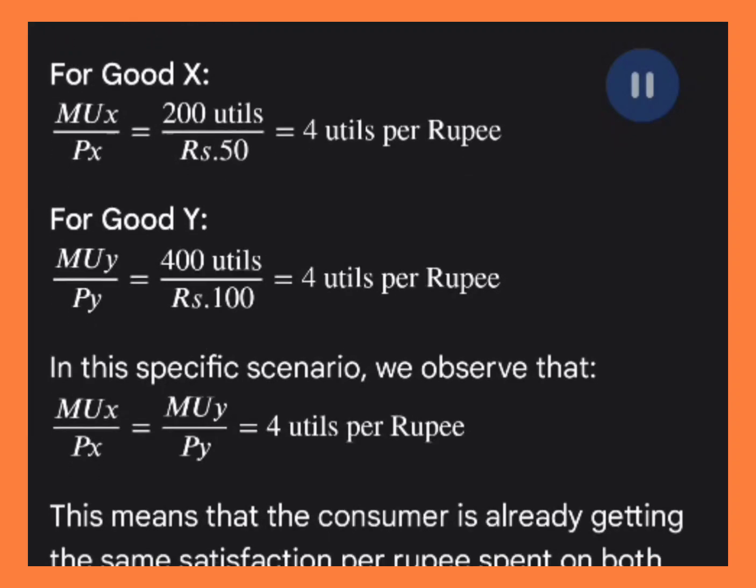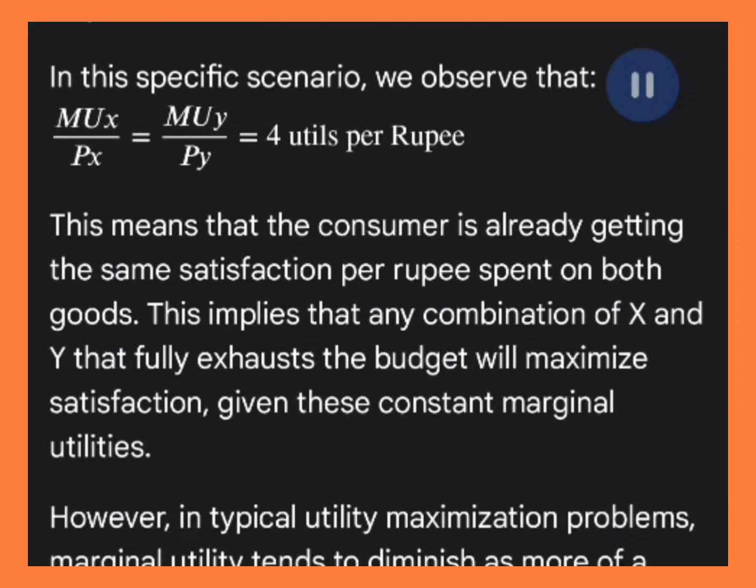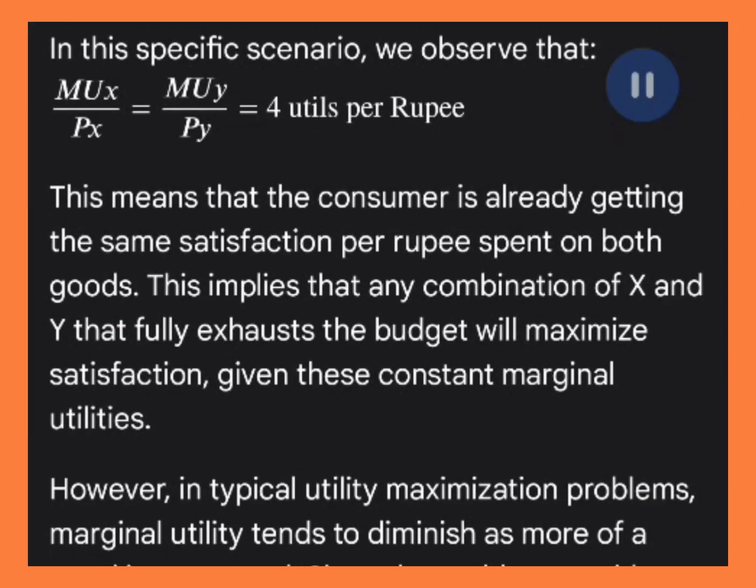In this specific scenario, we observe that MUX/PX equals MUY/PY equals 4 utils per rupee. This means that the consumer is already getting the same satisfaction per rupee spent on both goods. This implies that any combination of X and Y that fully exhausts the budget will maximize satisfaction given these constant marginal utilities.